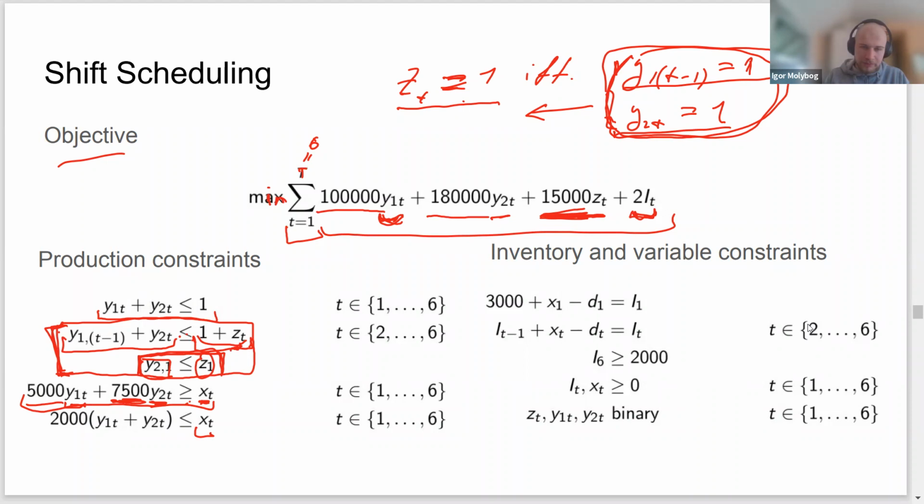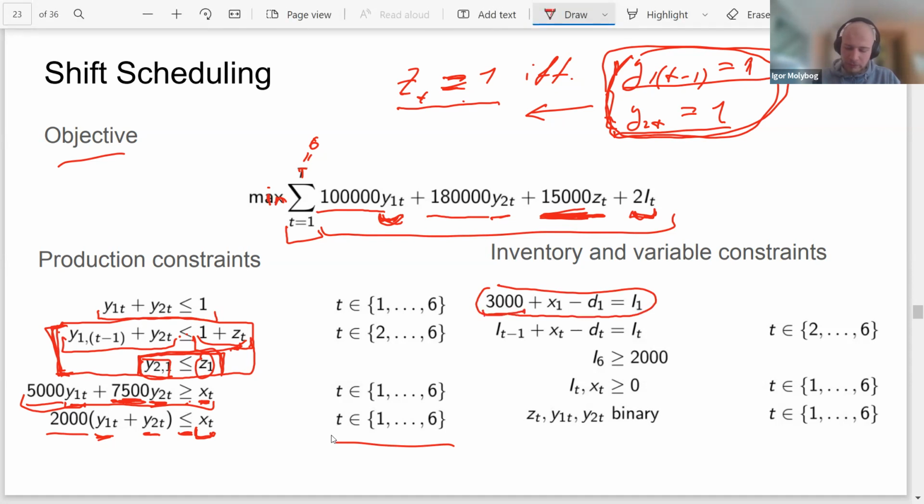And now we have this balance equation on the first time step. We have 3,000 that we carry over from the previous month, and we have the inventory that we are carrying over to the next month.